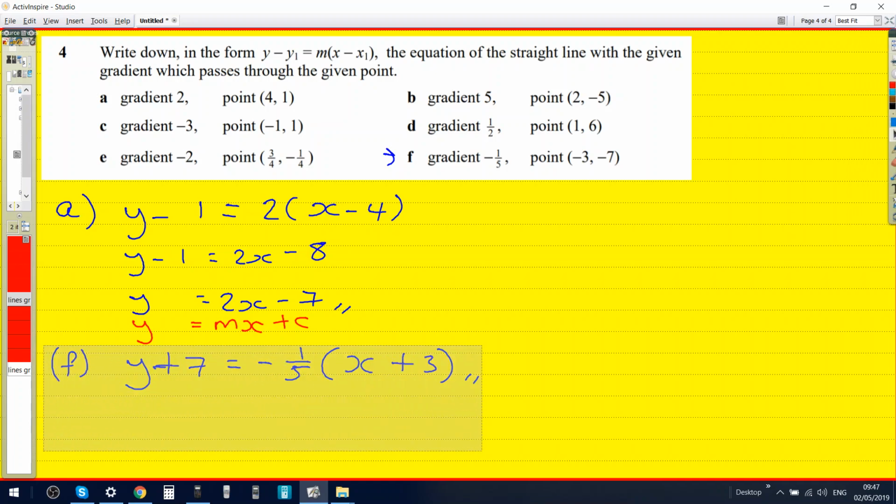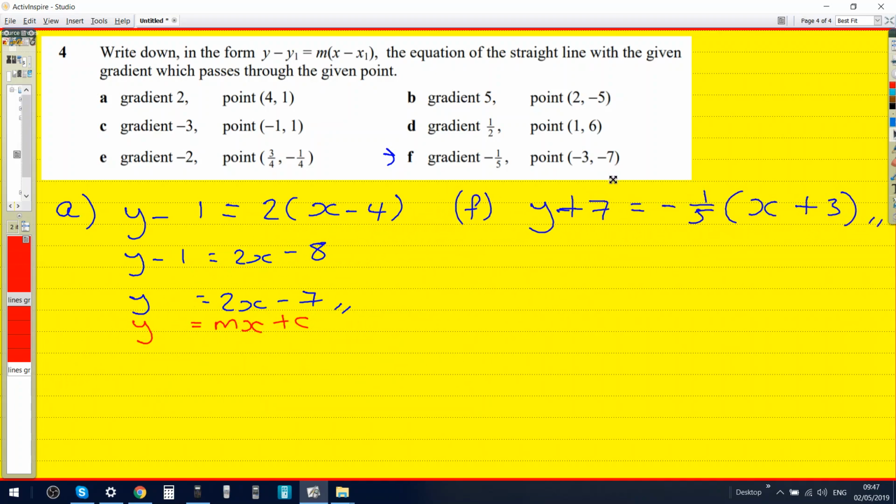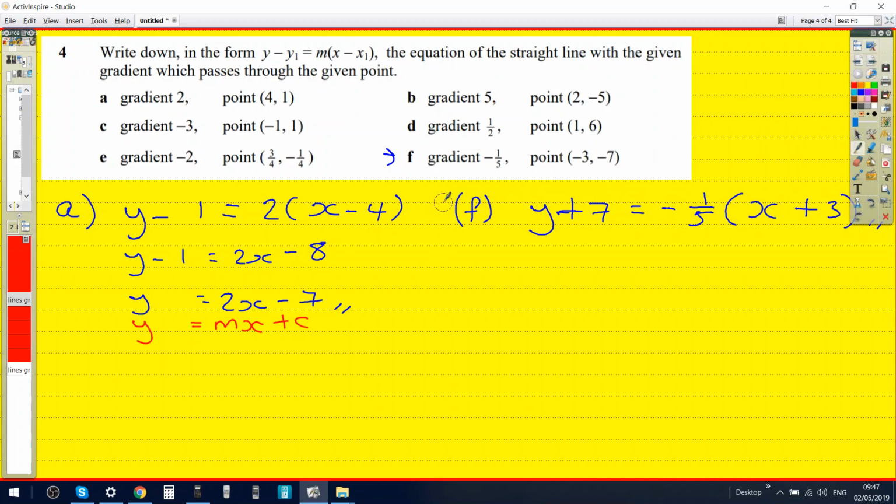So make it so there's no fractions. So at the moment we've got minus a fifth. We're going to say times through by a fifth.